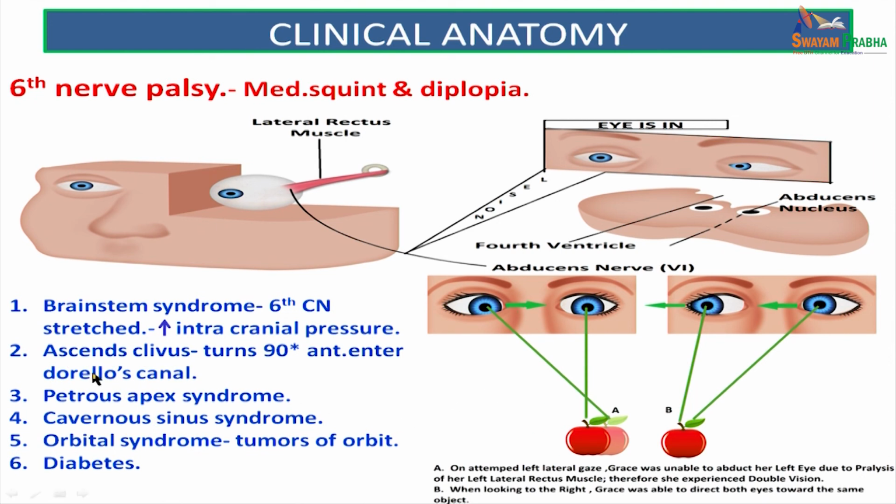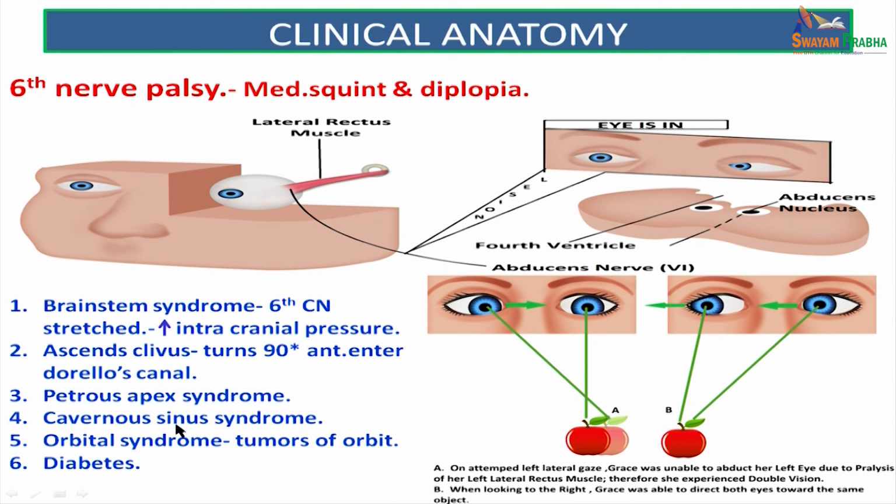And as this nerve ascends over the clivus and turns 90 degrees to enter into the Dorello's canal, there it can get compressed by the petroclinoid ligament, and that is where it is called petrous apex syndrome.